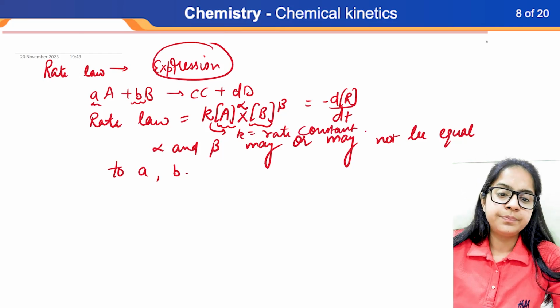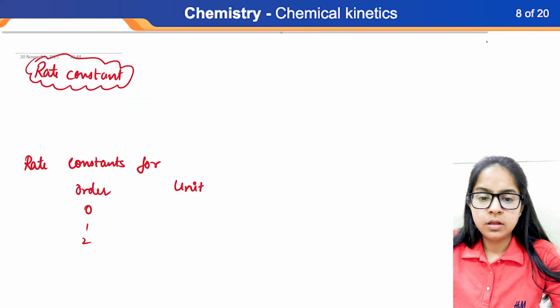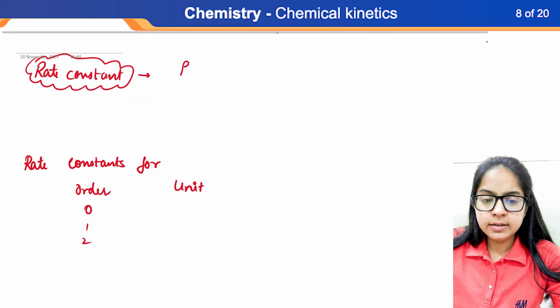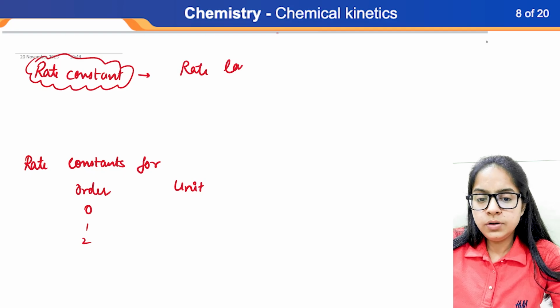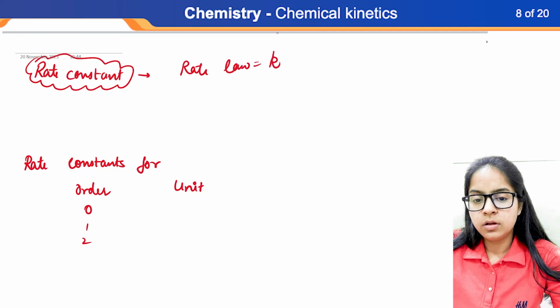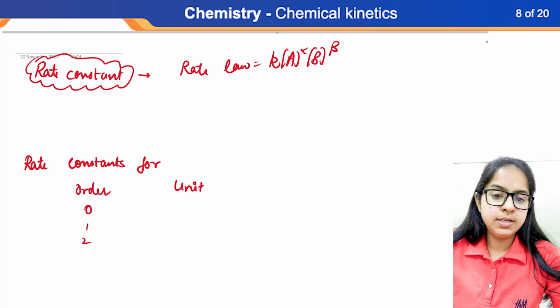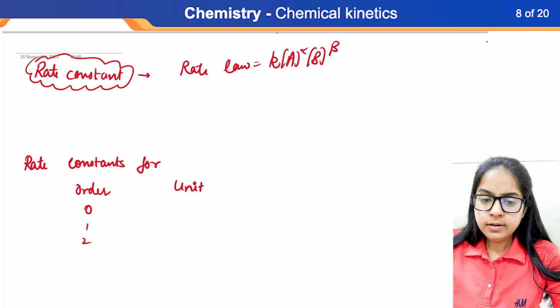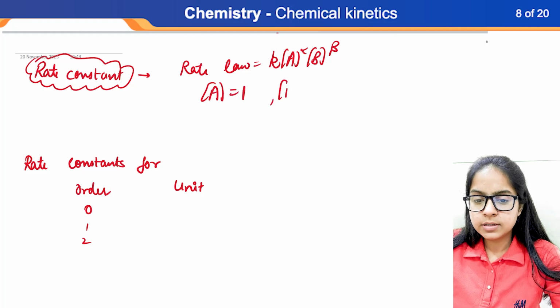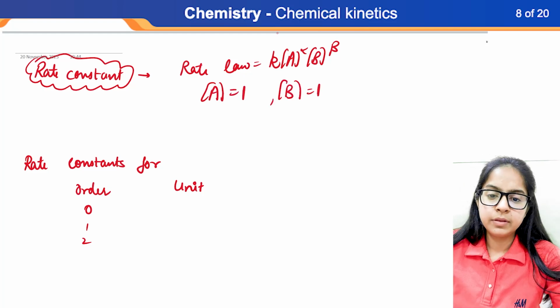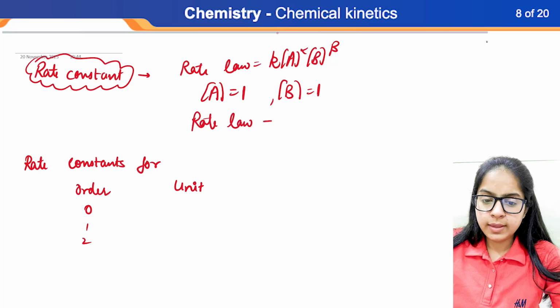Rate constant is equal to the rate law when the concentration of A is 1 and the concentration of B is 1. Okay, so the rate law is equal to k at this time.